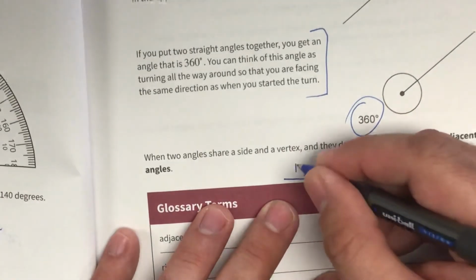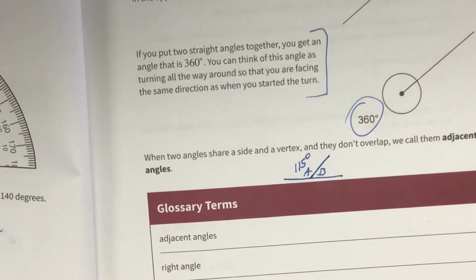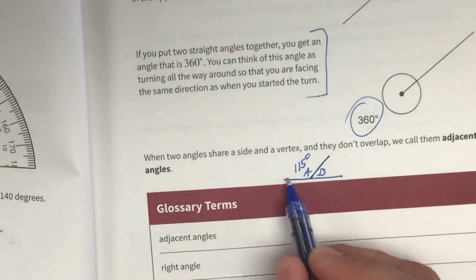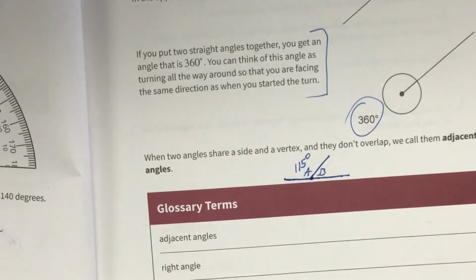Now, if I am writing down, let's say A is 115, and I say, what is angle B? What would you tell me? I'll tell you that this line is straight. That should trigger something in your mind about what those should add up to.